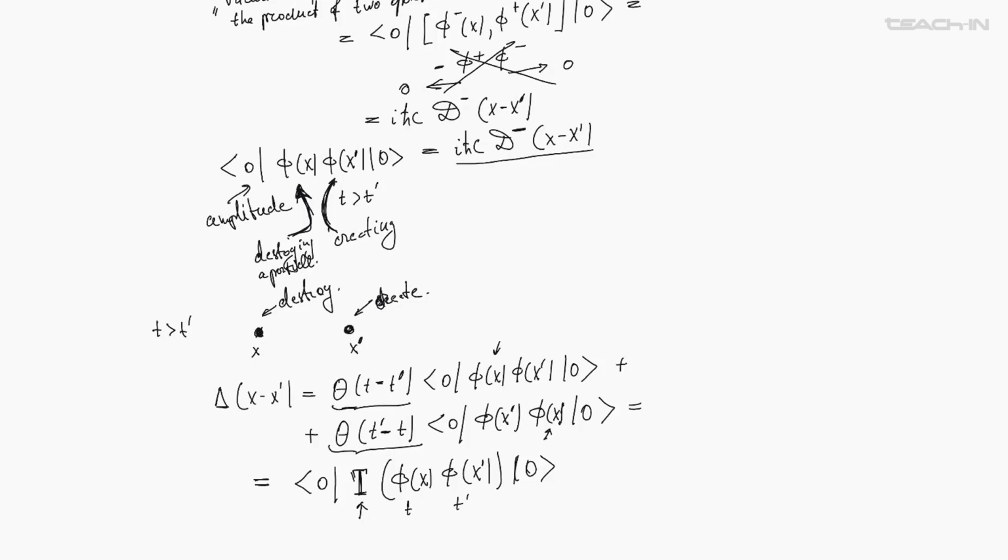The field with a lesser value of t always goes to the right. Always goes to the right. It always puts on the right position the field which has a lesser argument of time. So if you wish, you can very easily remember this t-ordering rule by the slogan that youth is always right.